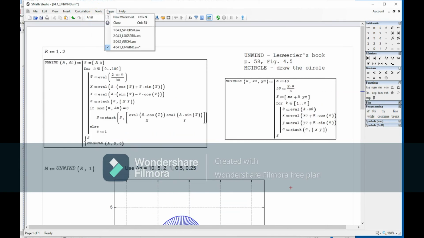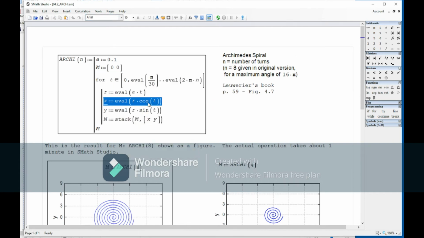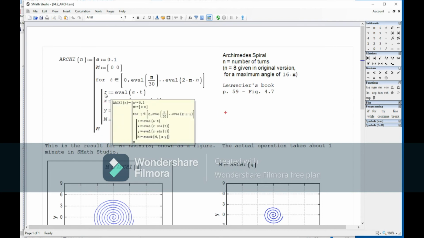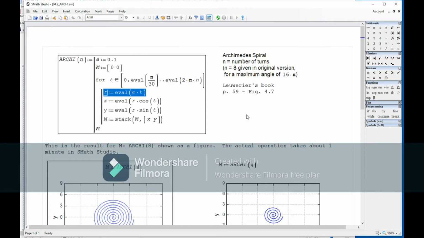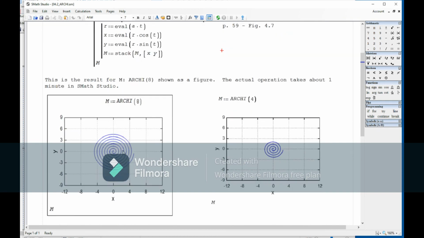We're going to look at the Archimedes spiral. And it is presented here in this program using parametric equations. The radial distance grows linearly, and the x and y position are the corresponding coordinates of a circle, but with r increasing, so the circle is never completed.